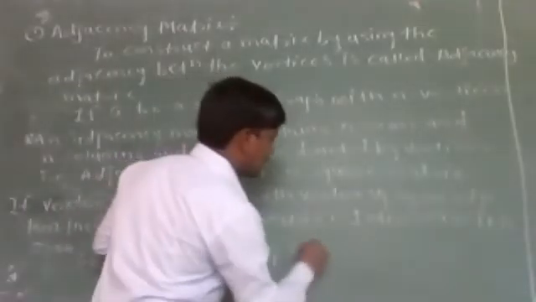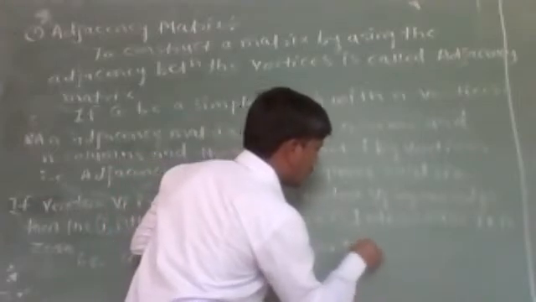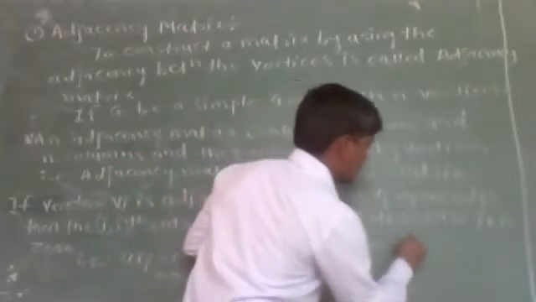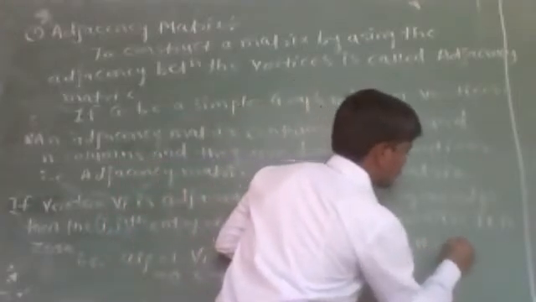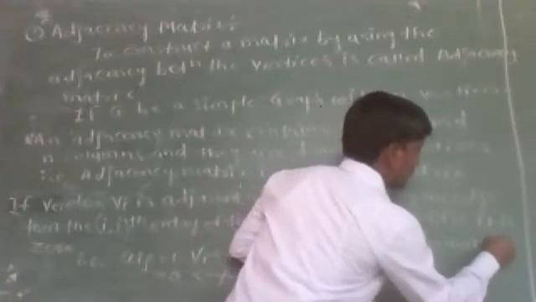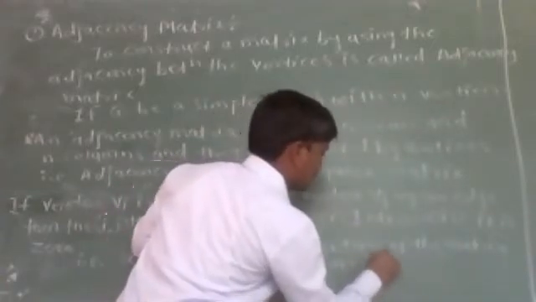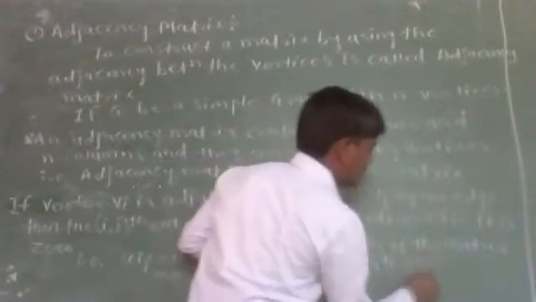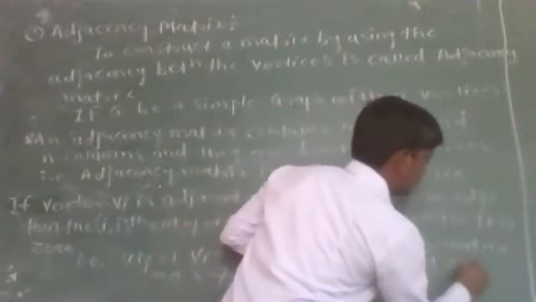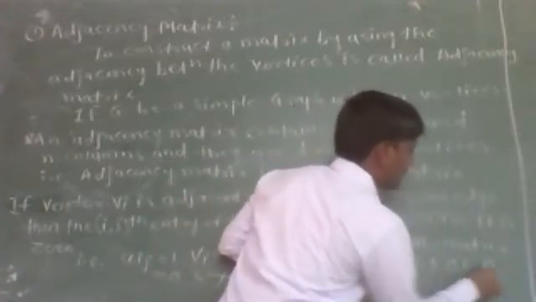Therefore, the entries of the matrix must be either 0 or 1. This is for a simple graph.